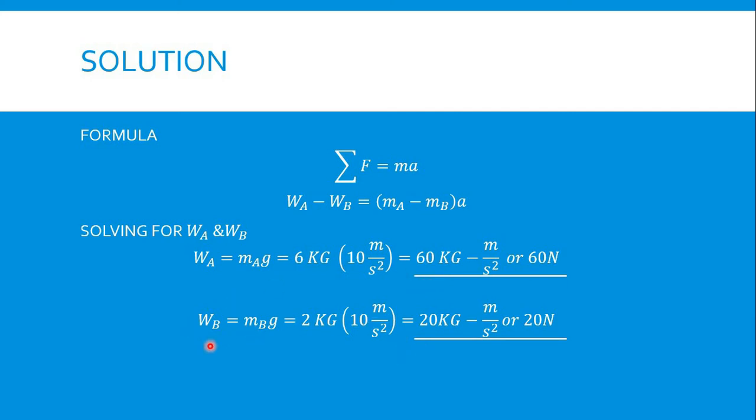In solving for weight B, same formula. Weight B is equal to mass B multiplied by g, or gravity. Substituting the givens, 2 kilograms times 10 meters per second squared, we get 20 kilogram meters per second squared, or 20 Newtons.